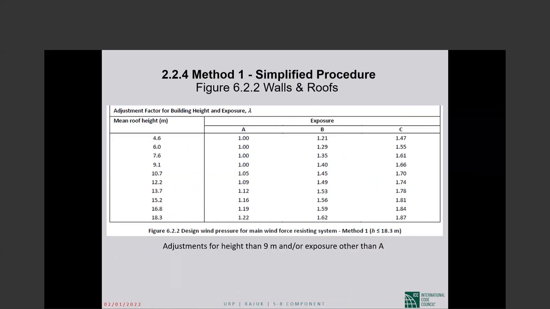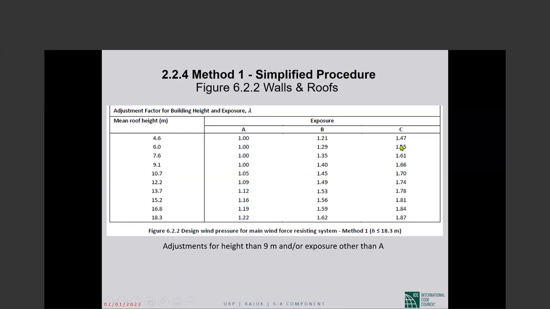The conversion factor: if you have an exposure category other than B, or a mean roof height other than 30 feet, then all the PS30 values will be multiplied by the lambda that you will get out of this table. Exposure B is the benchmark category.